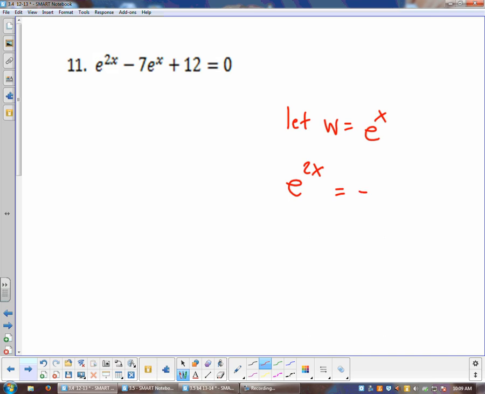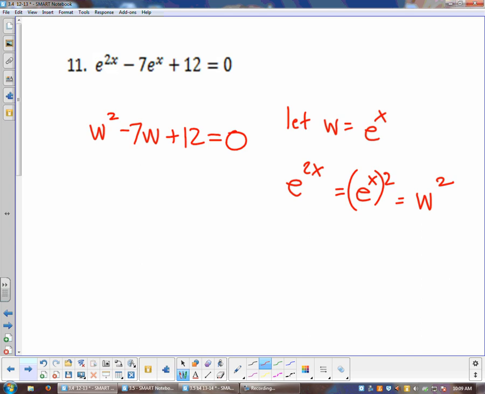Is it w squared? Because wouldn't this be e to the x raised to the second? Same thing, right? And so that would be equal to w squared. So I can rewrite this as w squared minus 7w plus 12 equals 0. Right? And go ahead and solve that.